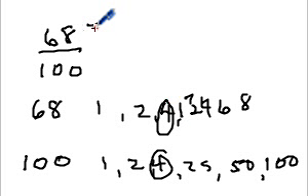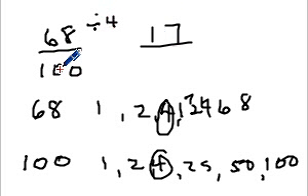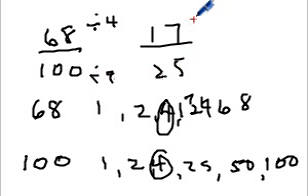So I'm going to divide 68 by 4, and I get 17. And I divide 100 by 4, and I get 25. So 17/25 is a fraction that's equivalent to 68/100, but it's now in simplest form because there's no number that will go into 17 and 25.